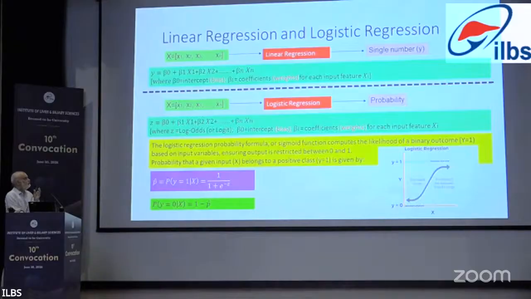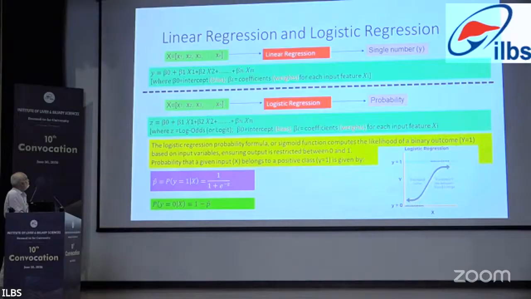So we need to have some basic knowledge about linear and logistic regression because this is the base on which we will build. In linear regression, these are the input features. They go into the linear regression and the output is a single number like height, weight, or HbA1c. This Y is the output. Beta 0 is the intercept.